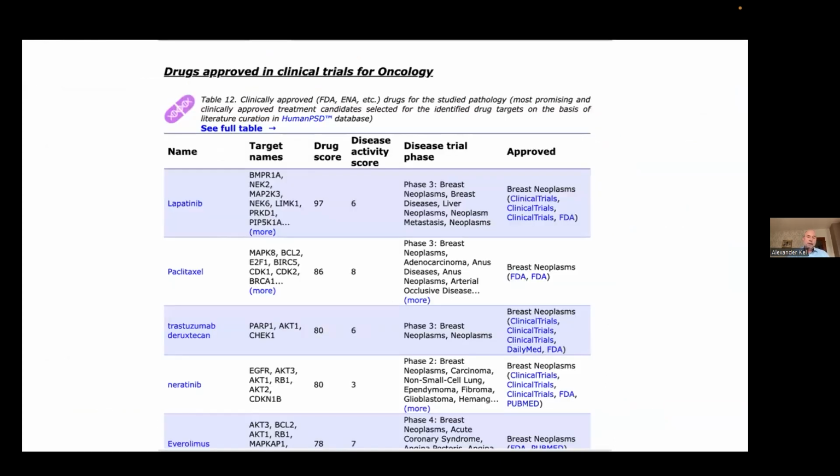Finally, our program is also able to predict drugs which can interact with those master regulators. First it does the typical, classical drugs, and it found, as it should, the classical drugs for breast cancer, based on the targets we found and on the knowledge of which targets are targeted by each drug.